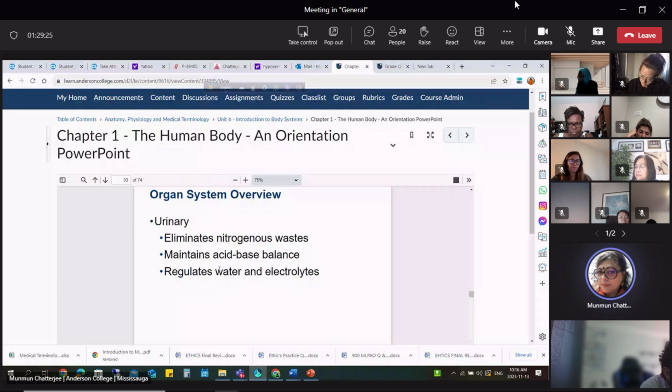Then we'll go to each individual organ system in detail: the different parts, the anatomy, the physiology, how it works. That is going to come later. Those are more complicated, but for this first step, each slide is very important.